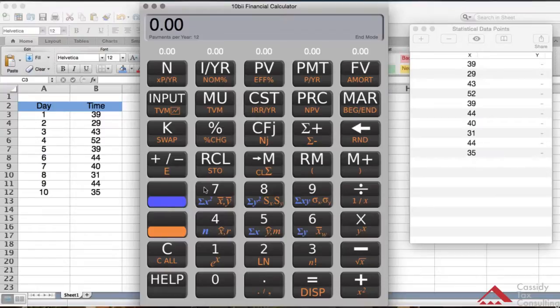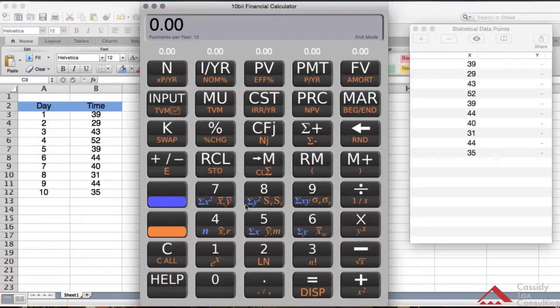The quick way to calculate that, I'm going to show you here. You see the 8 key right here? That S means the standard deviation of x.